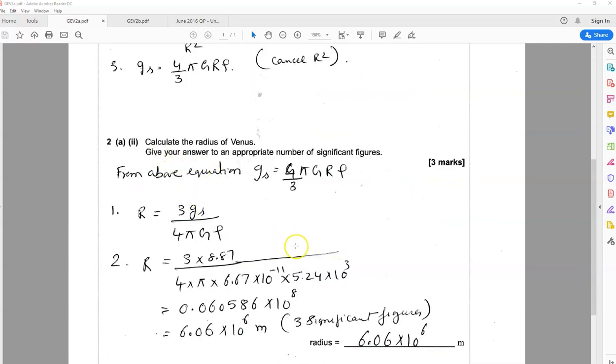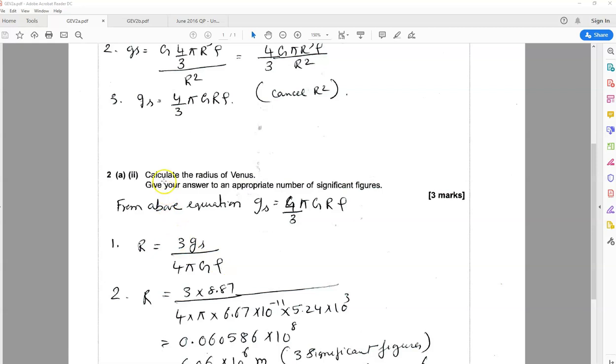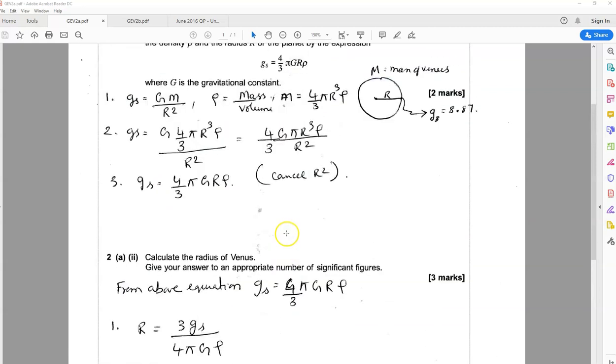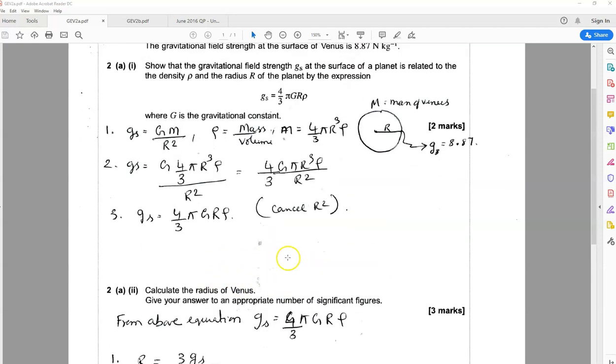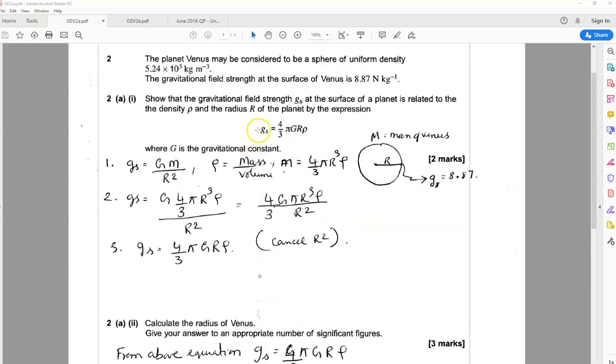The second question is related to the first one. It says calculate the radius of Venus. Now you can use many methods here, but we already know that g, the gravitational field, is equal to 4/3 π G ρ r. There is in this expression the radius of Venus, r.